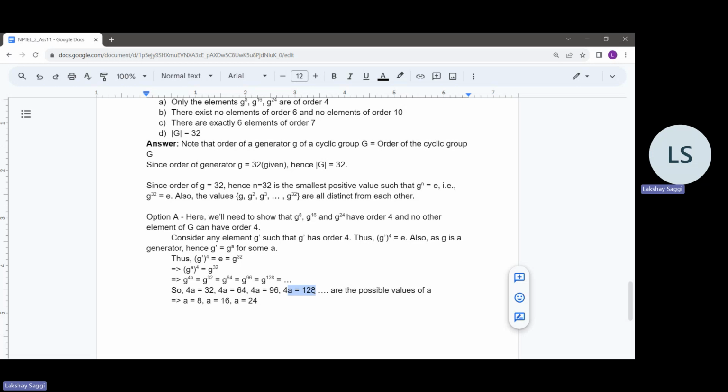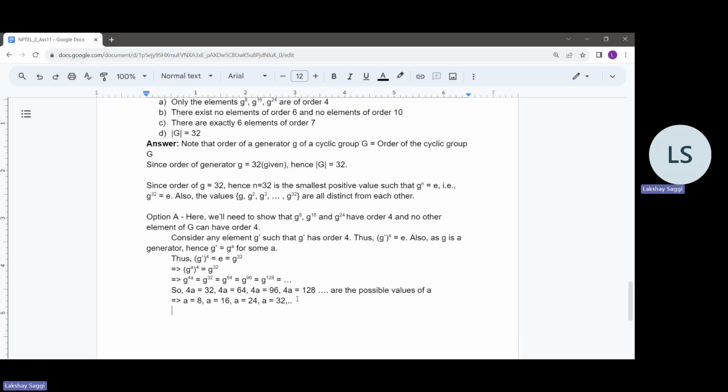And note that if A was actually equal to 32, we'll just obtain G prime equal to G raised to the power 32 itself. So it just forms 8, 16, 24, 32, and so on.